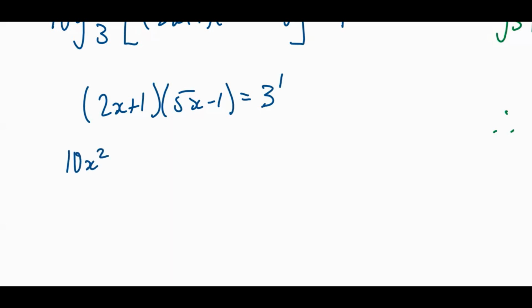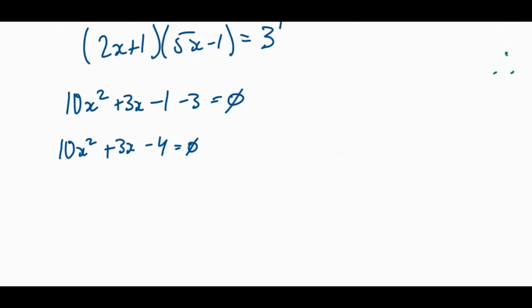So let's see. That's 5x minus 2x is 3x minus 1 minus 3. And I'm pretty sure this is factorable.